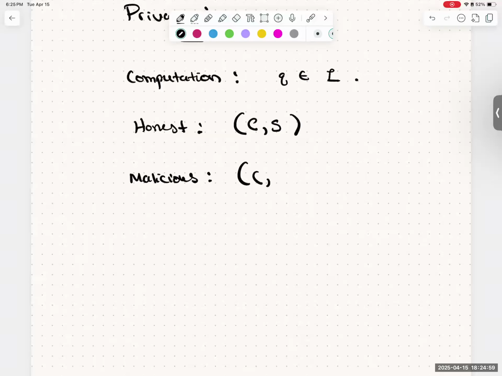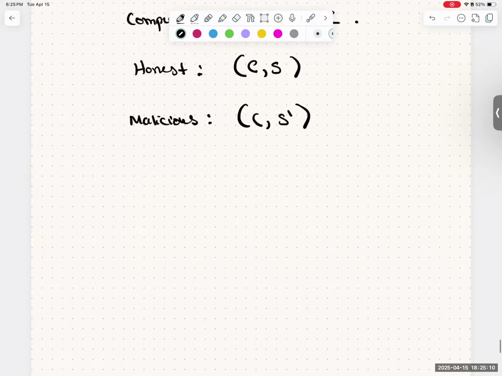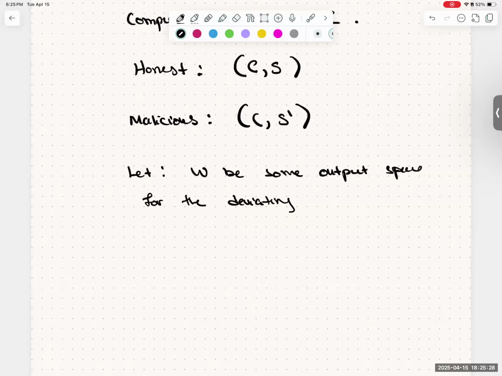When the server's deviating, we call it S prime, because the client is always honest. So we let W be some output space for the deviating server.